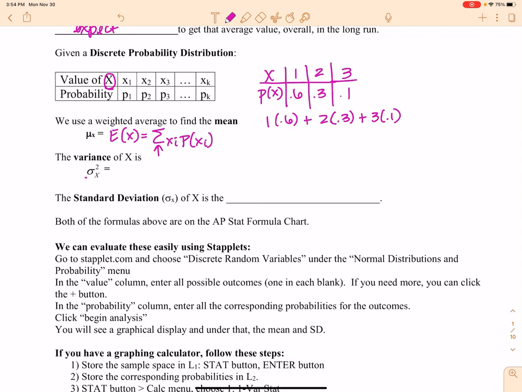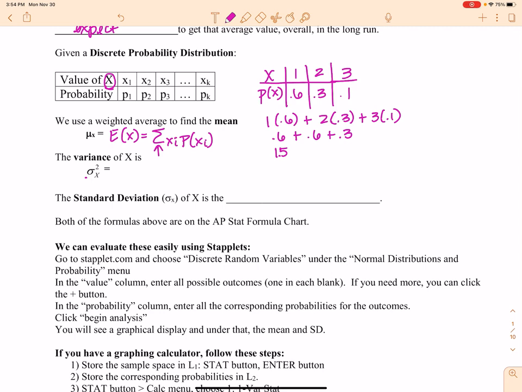I multiply and then add, and that gives me 1.5.